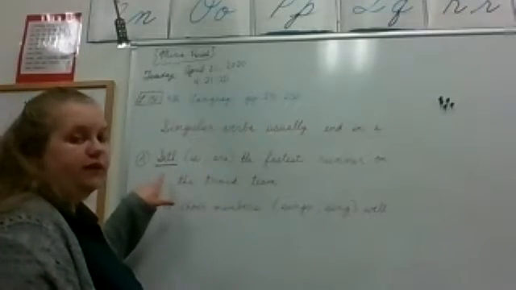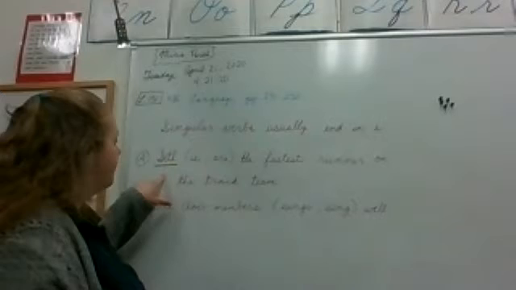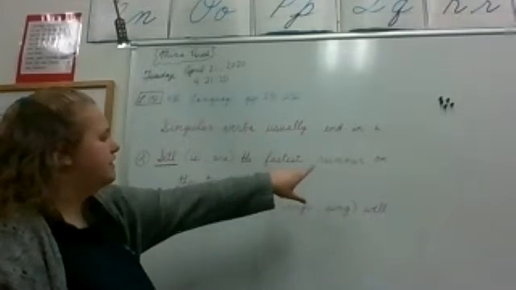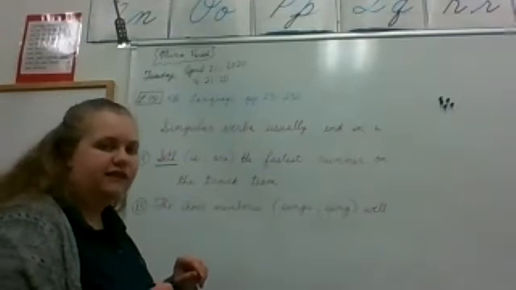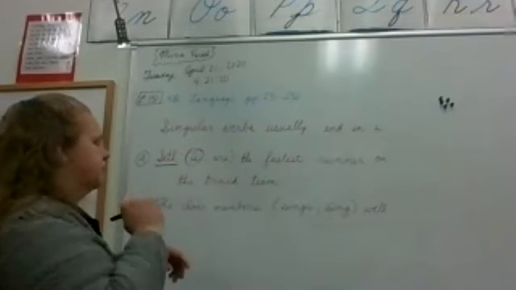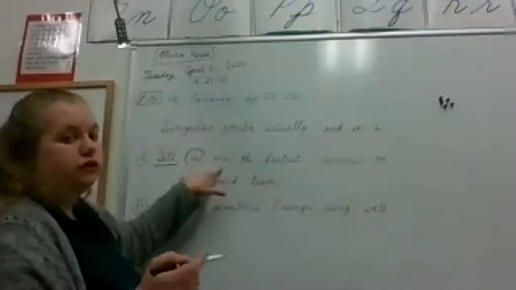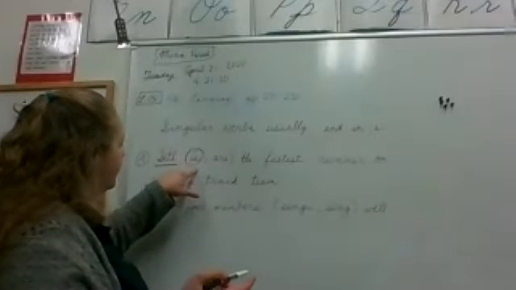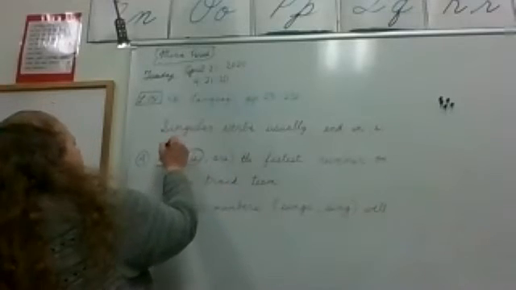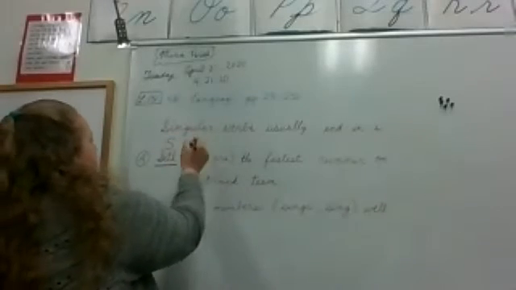Okay, so let's read it with is in there. Seth is the fastest runner on the track team. Does that sound right? Yes, and that would be the correct answer. Is is our singular verb. Are would be the plural verb. So Seth is, this is singular. I'm going to put an S over there, and this is singular, okay?